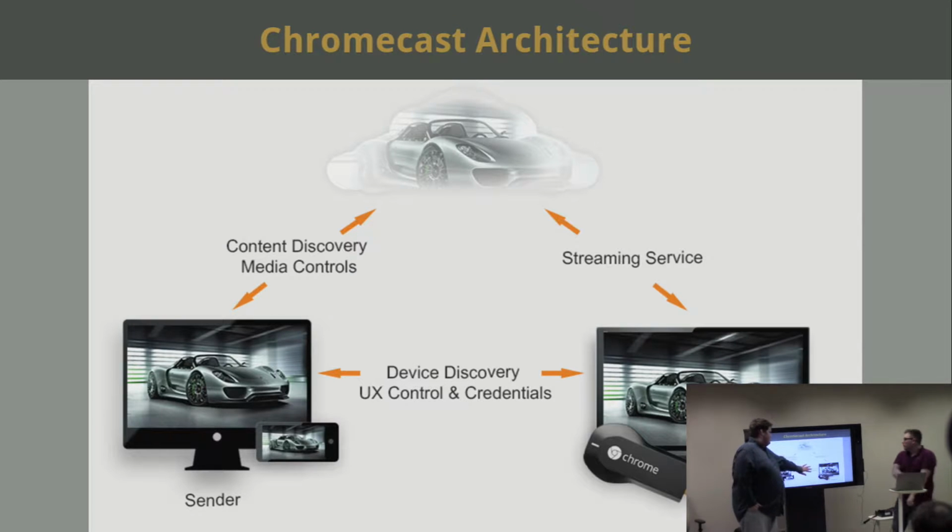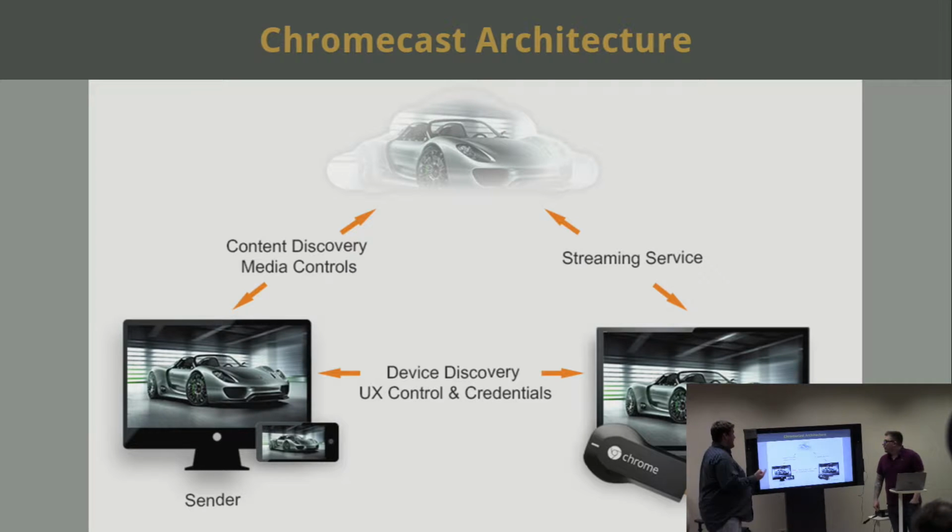Once it's made that device discovery, you can connect to it and go through Google's cloud to tell the receiver application what you want it to do. This is where you tell the receiver, hey, load up this application. Then the receiver will pull that application down from Google's cloud and run it locally on the device.